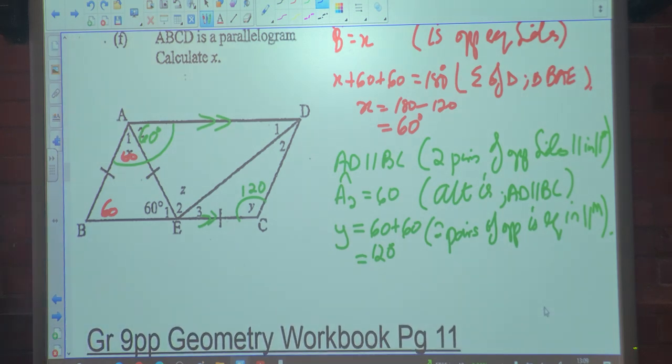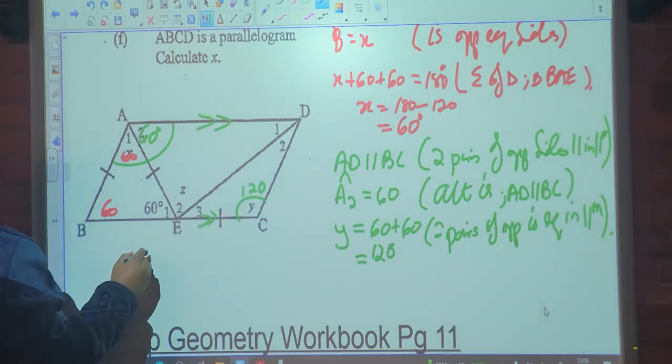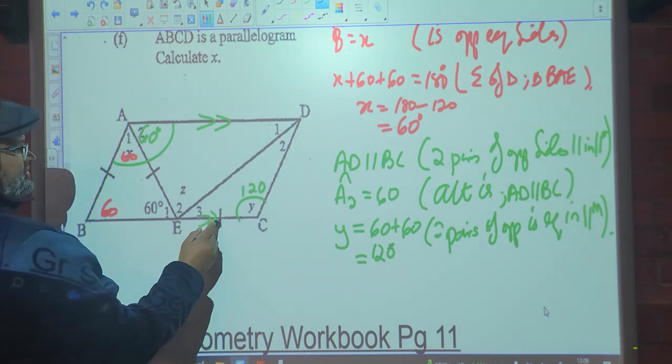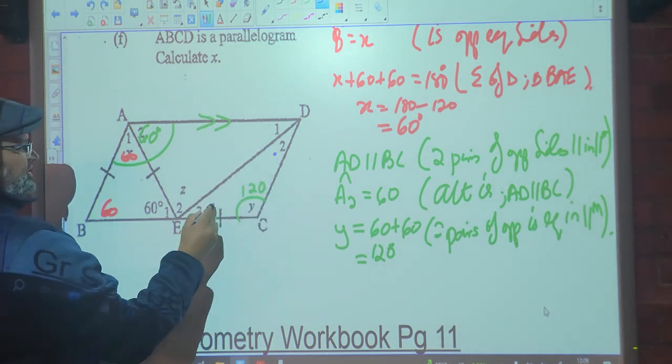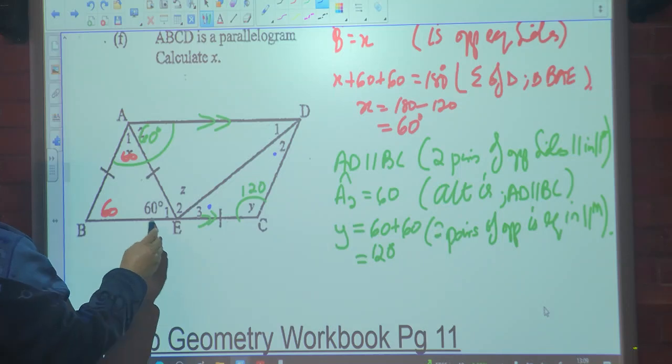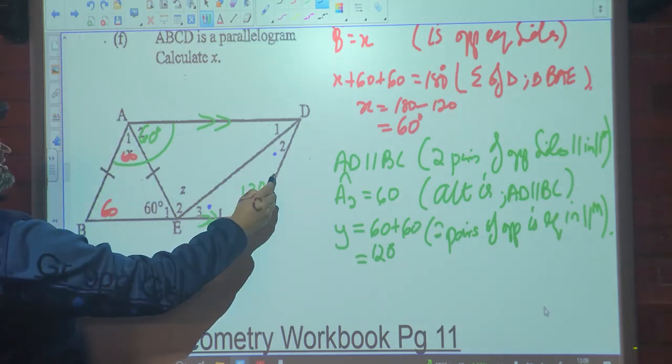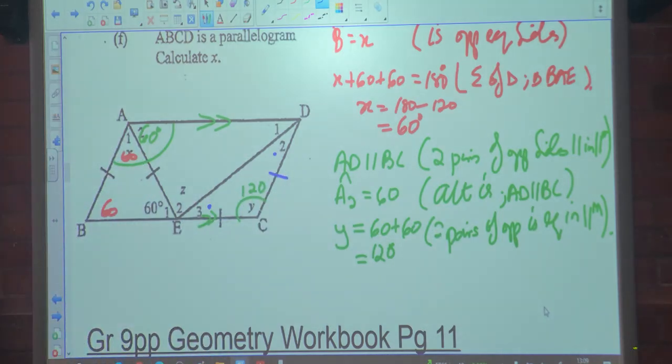But what do we know? We must first calculate D2, not so? But D2 we know it's the same as E3. Why? Because AB is the same as DC.